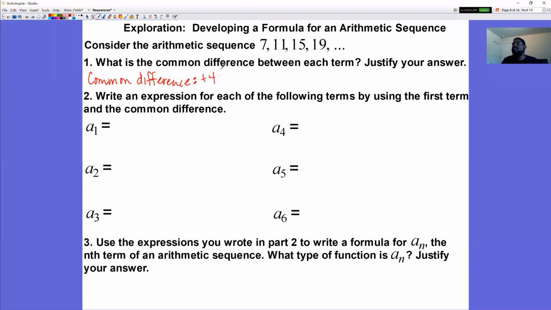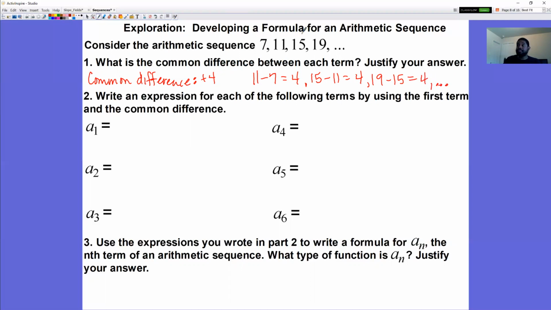More so positive 4. And how do I know that? Because 11 minus 7 is 4. 15 minus 11 is 4. 19 minus 15 is 4. And that keeps going.